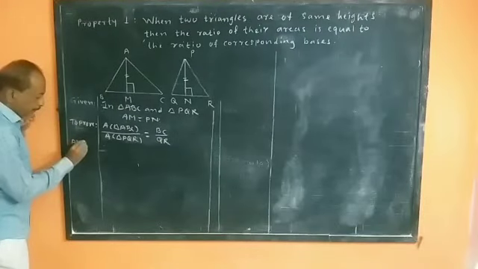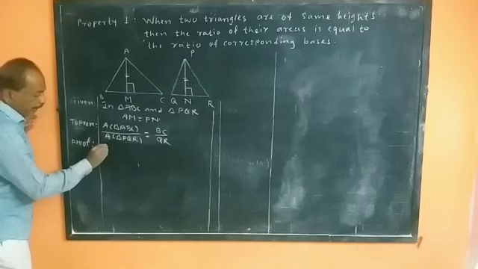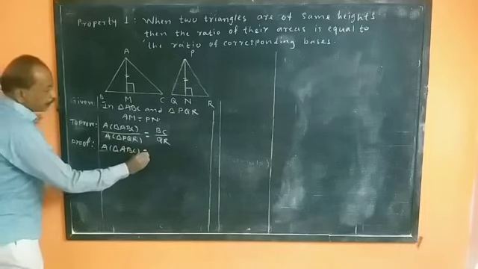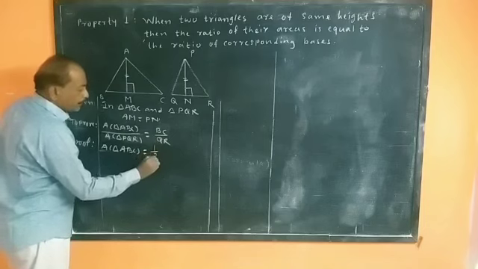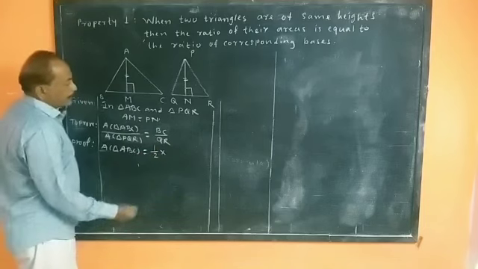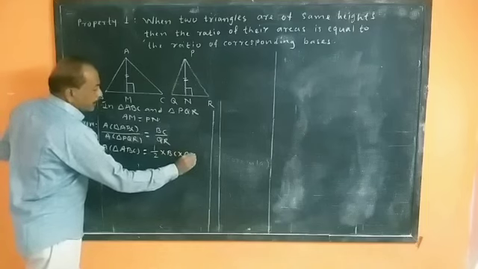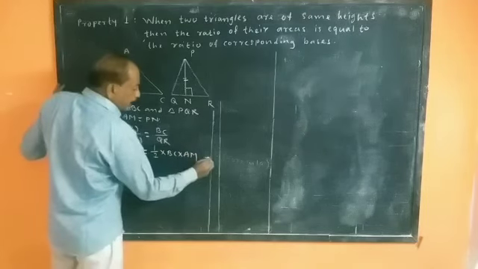Proof says: area of triangle ABC equals 1/2 base, the base of this triangle is BC, and height AM.